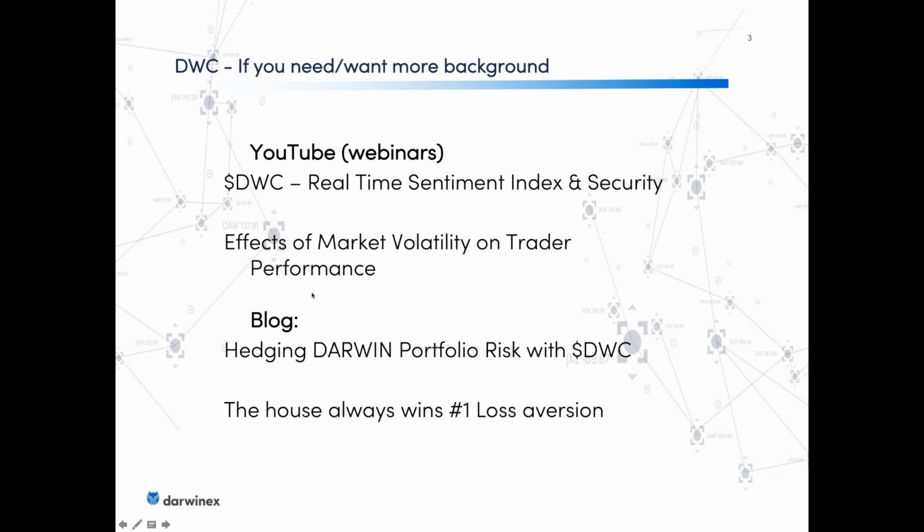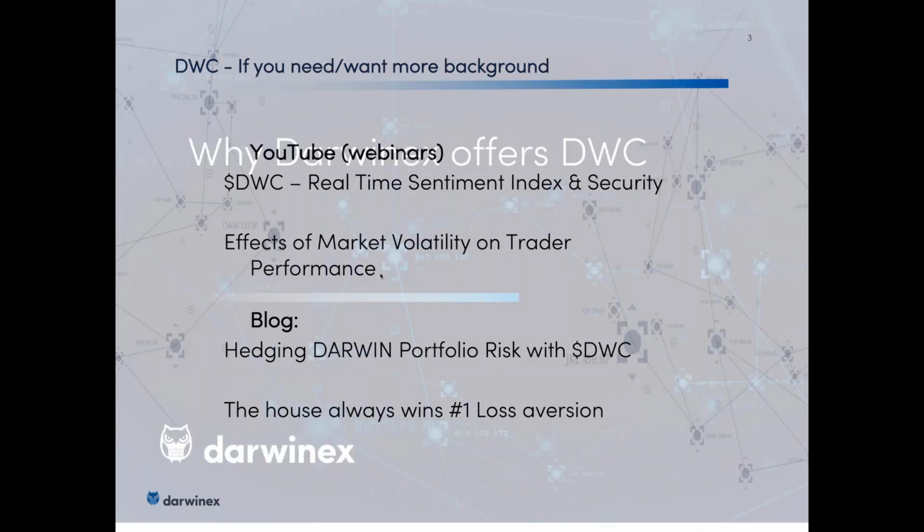You can also read on our blog about how to hedge your Darwin portfolio risk with DWC and understand the basis that makes DWC interesting in the first place, which is a psychological bias that every human has called loss aversion. So that's where you'll find more background on DWC. If you have any specific questions on it, don't be shy. I'll try and refer to the points that are made here as we go through the presentation.